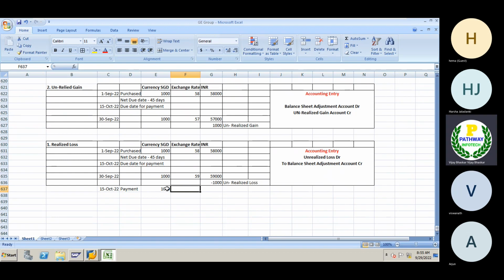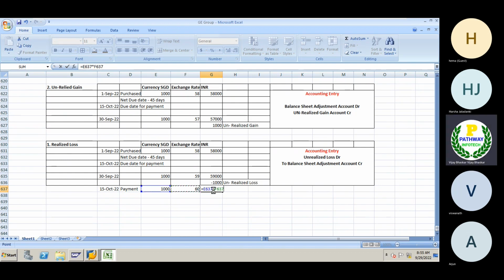But when I am making payment on October 15th, what is my exchange rate? Here you just assume a realized loss. My exchange rate has gone to 60 rupees, which means it has increased.